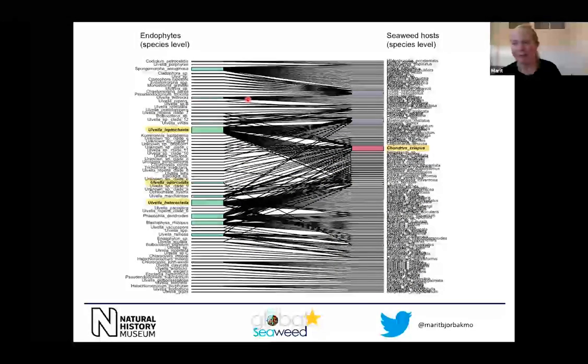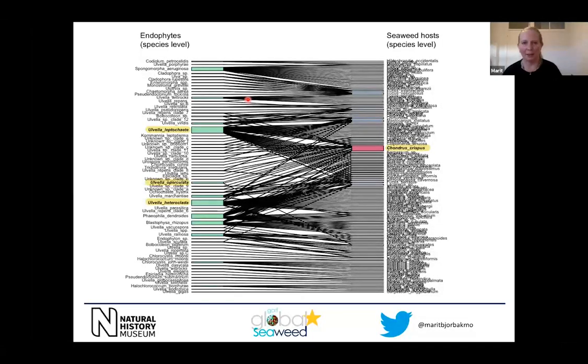And this is a bipartite interaction network that I made. I don't expect you to see all the details here, but you see that to the left you have the endophyte species, and here you have the seaweed host species. I highlighted some of the species which demonstrate that certain endophytes have a broad host range, such as Ulvella leptochaete and also Ulvella heteroclada.